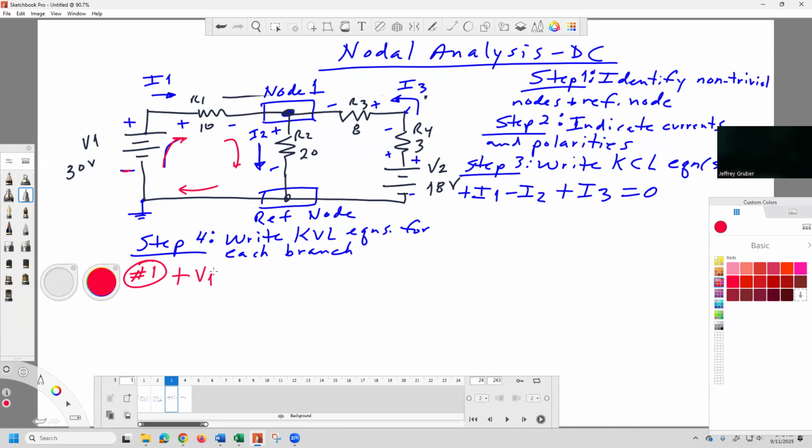Always write plus or minus in front of each component of the equation. It might seem redundant to write a plus in front of something, but you'll see later that if you don't, you'll make a mistake.